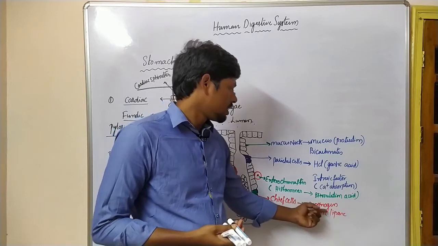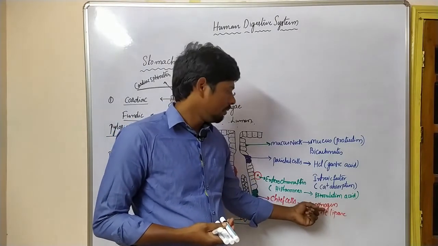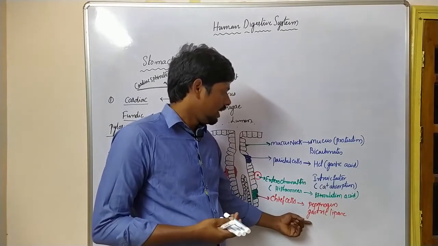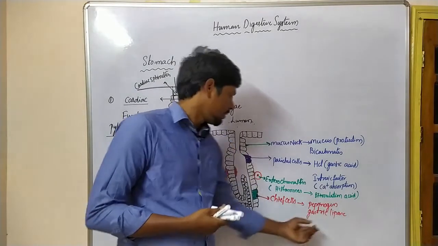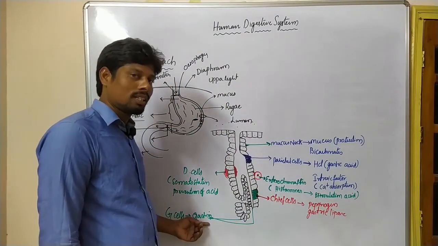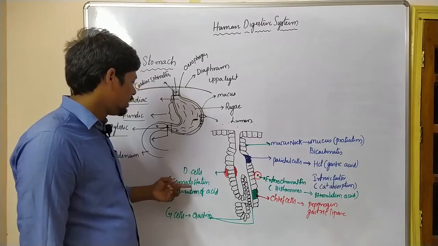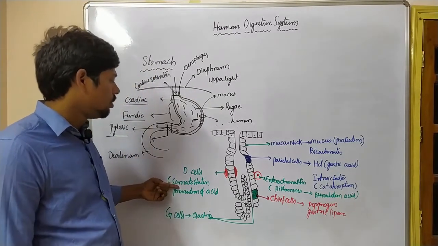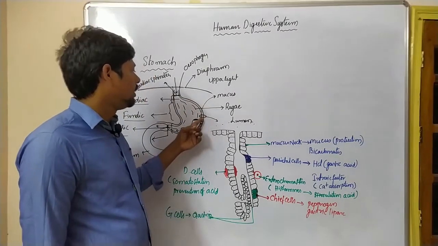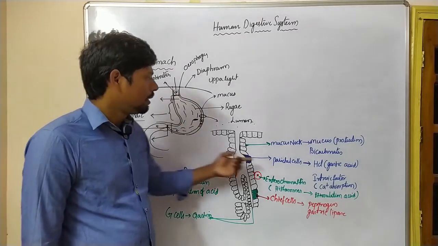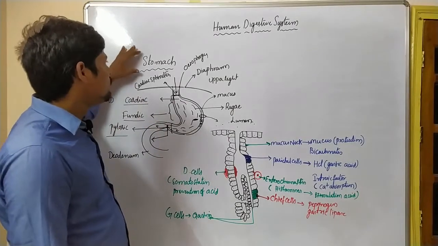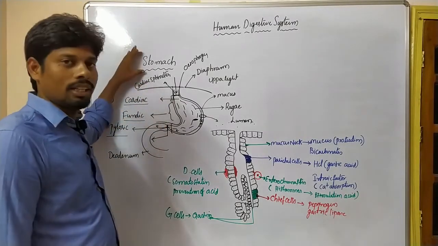Chief cells produce the pepsinogens, which are converted into the pepsin enzyme, and also gastric lipase. Here are the G cells, essential for the production of gastrin, and here are the D cells, essential for the production of somatostatin. It prevents the production of acid from the parietal cells of the stomach. So in this way, the arrangement and architecture of the stomach is present.